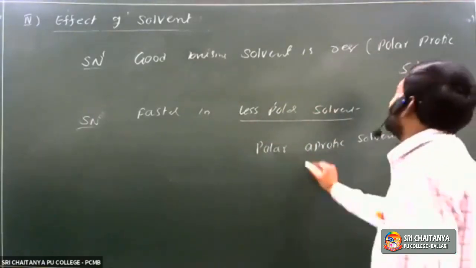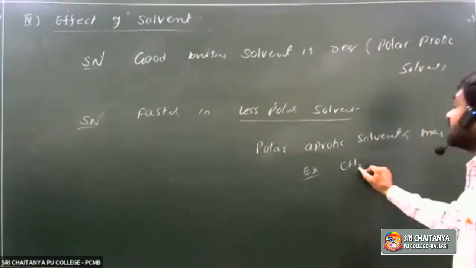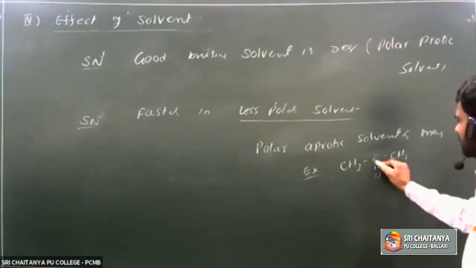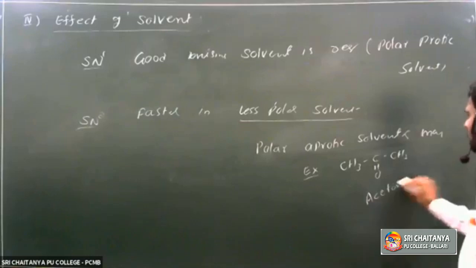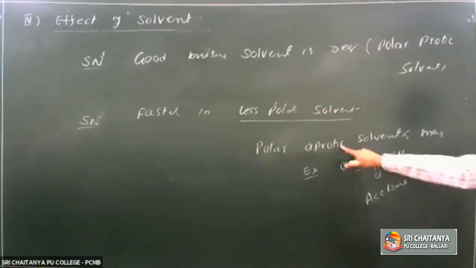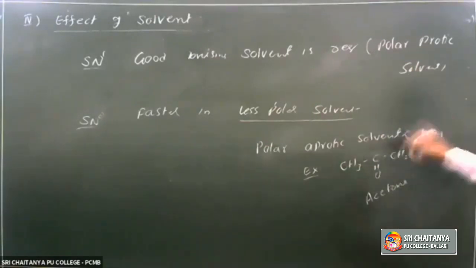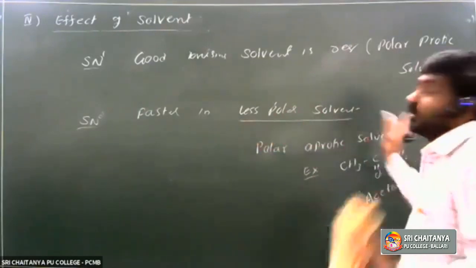Okay. So what is an example of a polar aprotic solvent? Acetone is a polar aprotic solvent, since the C=O bond is polar. If the nucleophile is weak, in case of SN2 reaction, polar aprotic solvent may enhance the rate of reaction. Otherwise, if the nucleophile is strong, it is faster in less polar solvent.